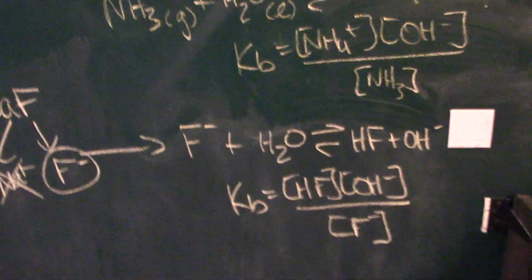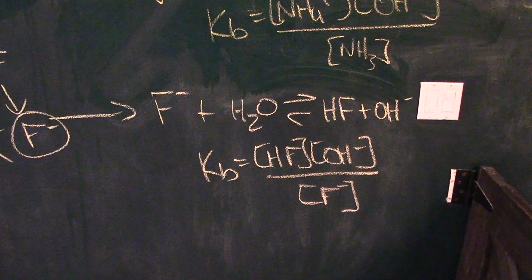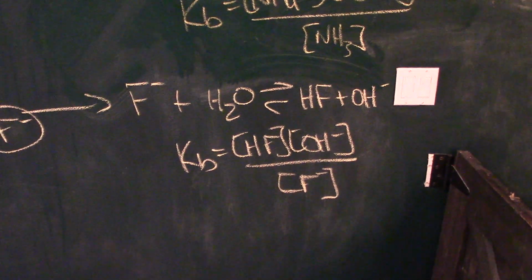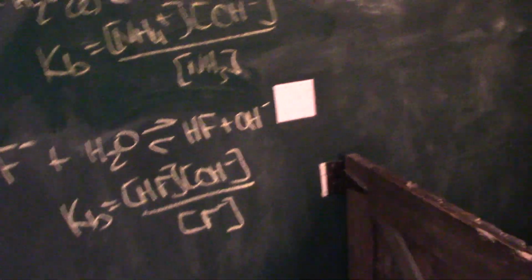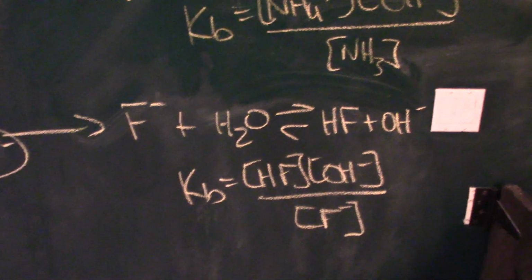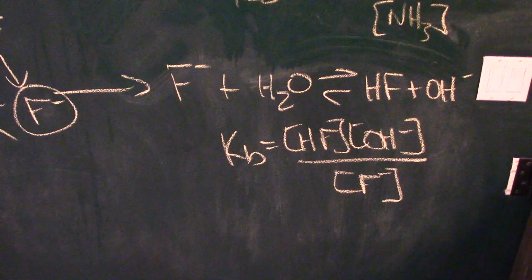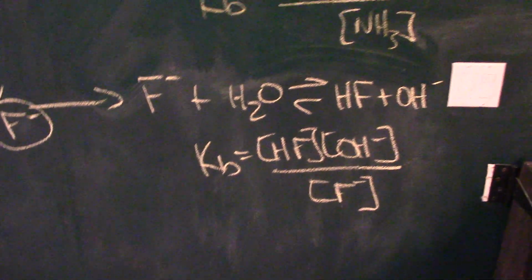So my Kb is going to be HF times OH negative over F negative. So again, it's the same process. We're now using bases as proton acceptors and not proton donors.